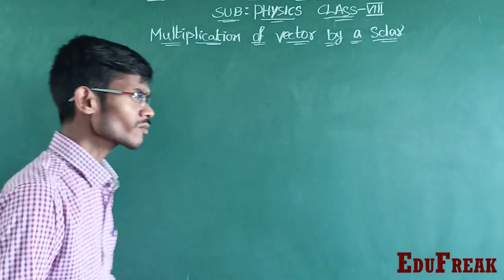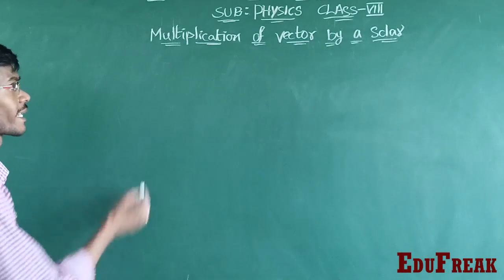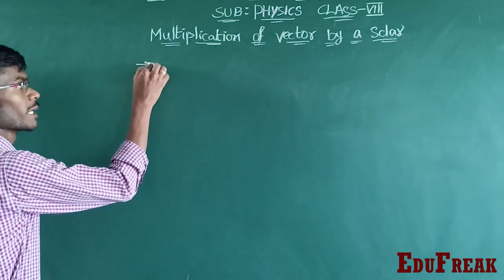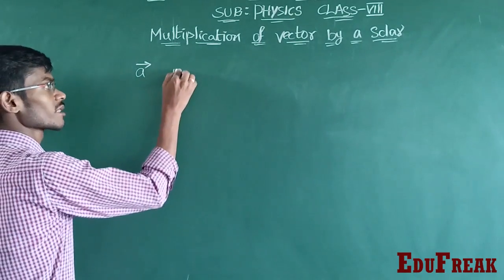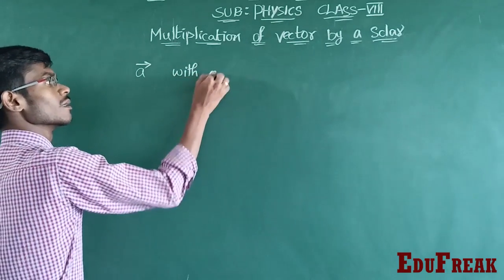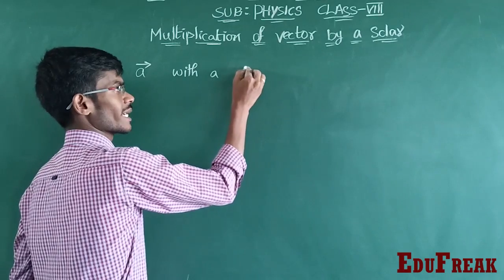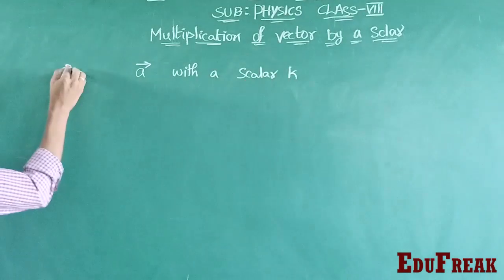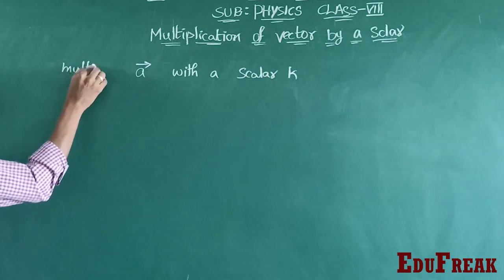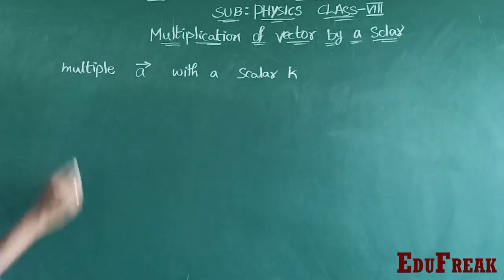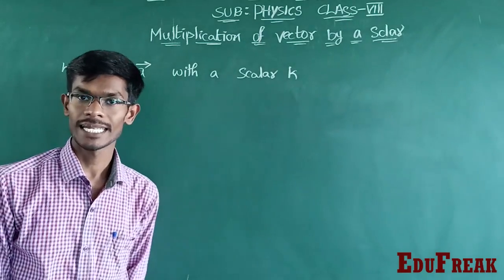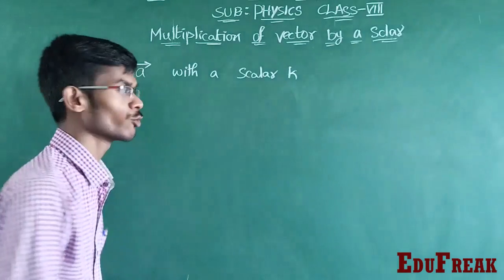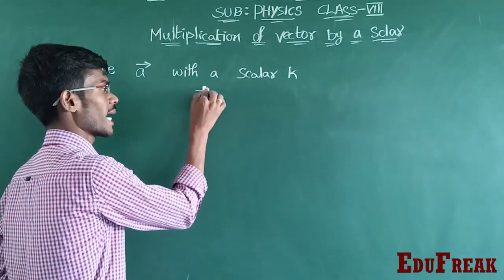If you multiply a vector a bar with a scalar k, it will produce a new vector.